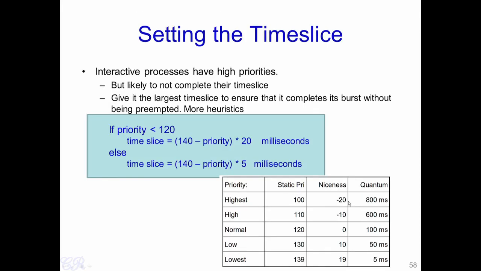If you look back at the table, going from a priority of 100 to 110 has a time quantum difference of 200 milliseconds. However, going from 130 to 139 has a time slice difference of just 45 milliseconds.